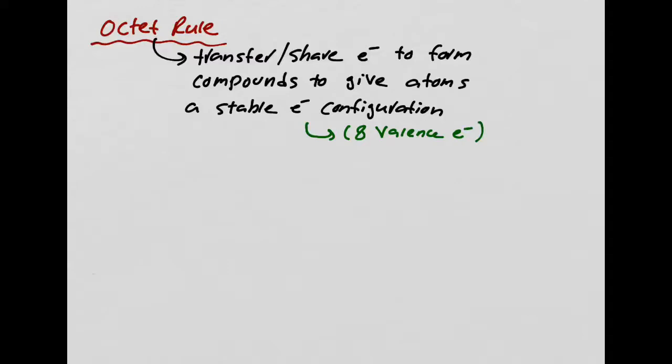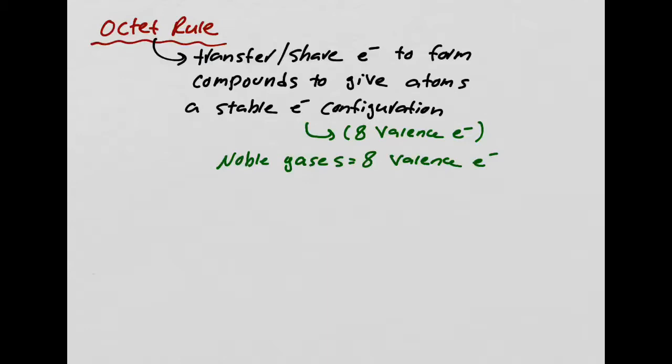And again, don't forget that noble gases have 8 valence electrons. So what I am saying is that atoms form compounds. They transfer, like an ionic compound, or they share, like a covalent compound.